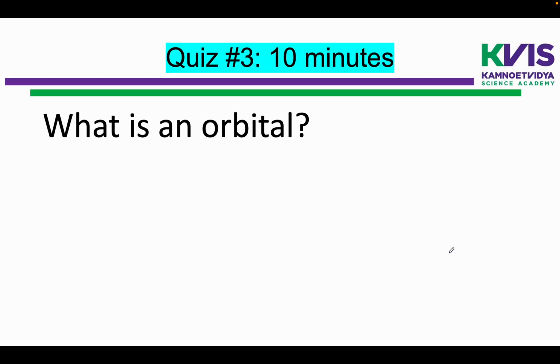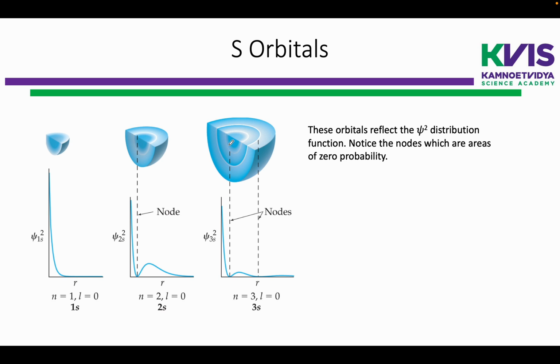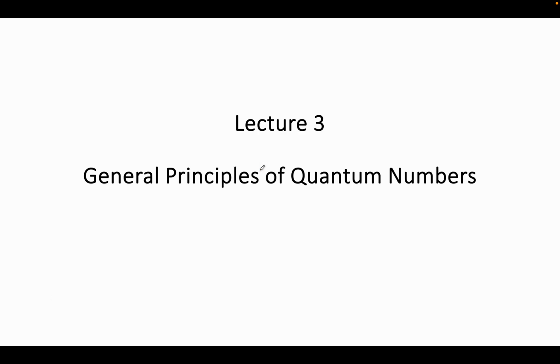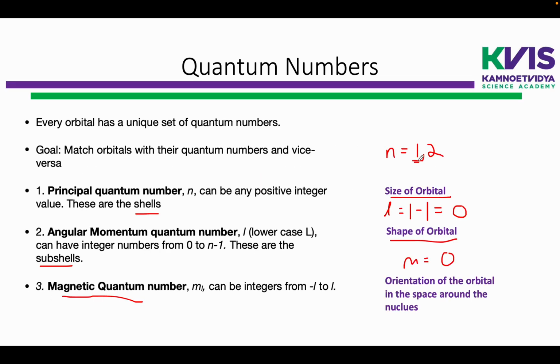If I take an s orbital, a spherical mathematical function, and rotate it in 3-dimensional space, I still have an s orbital. So for principal quantum number 1, L equal to 0, m equal to 0, I am talking about the s orbital.